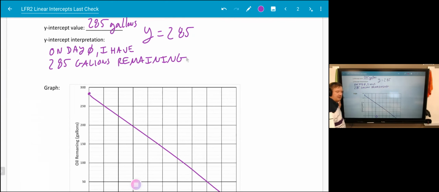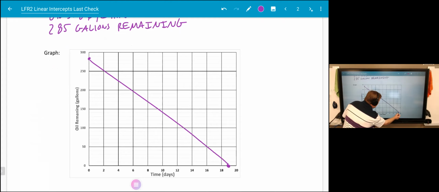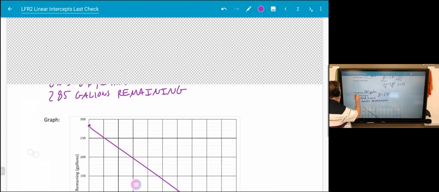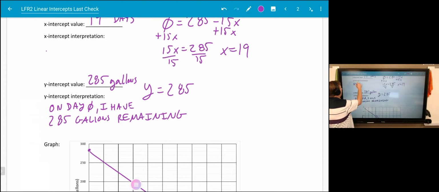Okay, that's good. Now let's talk about the other way. After 19 days, after my x is 19, my y is 0. I have 0 gallons remaining. So let's go ahead and write this down. After 19 days, I have 0 gallons remaining.